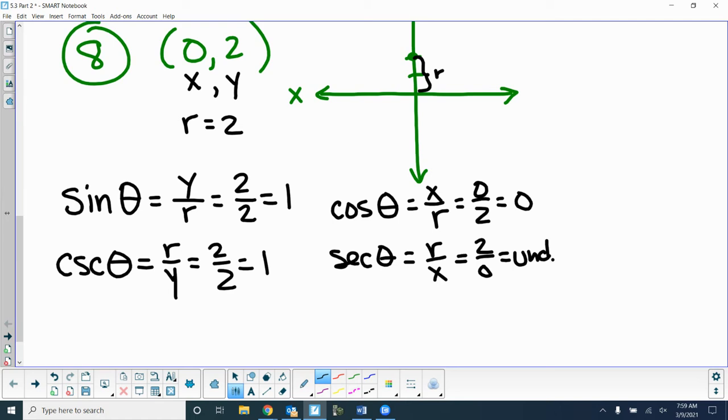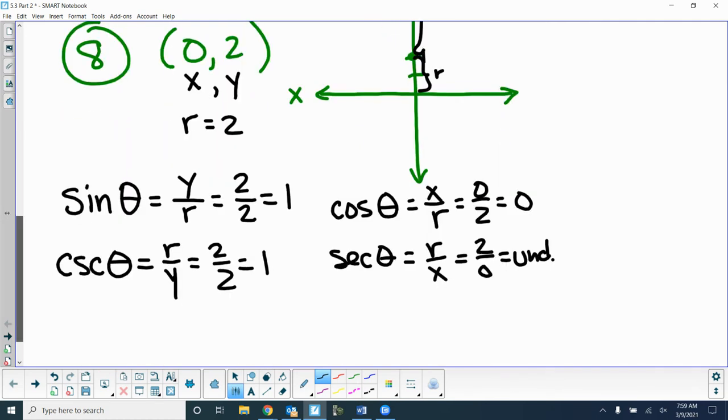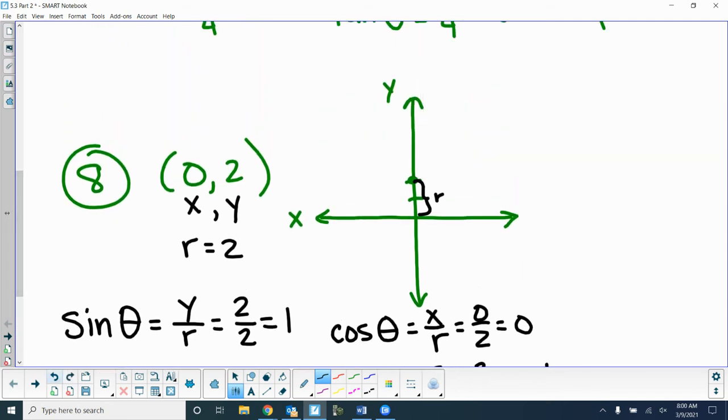So I can't really draw a picture for those. Those are the quadrantals. This degree measure would be 90 when you're up there. We talked about that yesterday, right, Nathan? Remember, this was 90 or pi over 2.